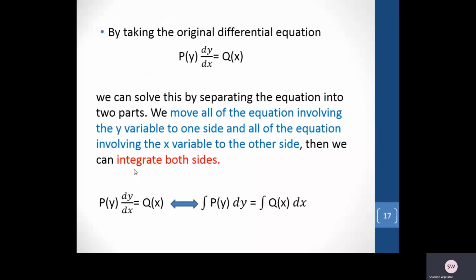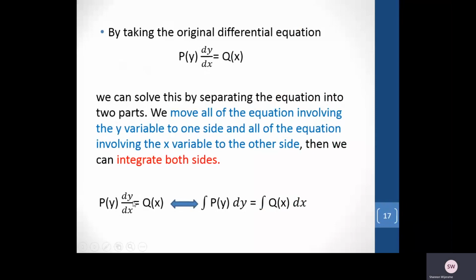How do you find the solution for this kind of differential equation? We can solve it by separating the equation into two parts. We move all the terms involving the y variable to one side and all the terms involving the x variable to the other side, and then we integrate both sides.